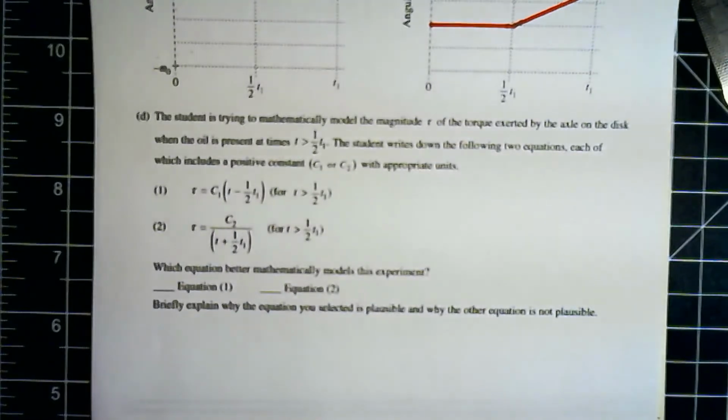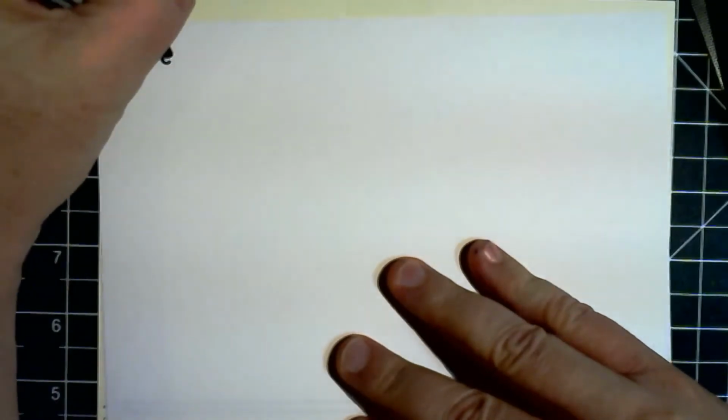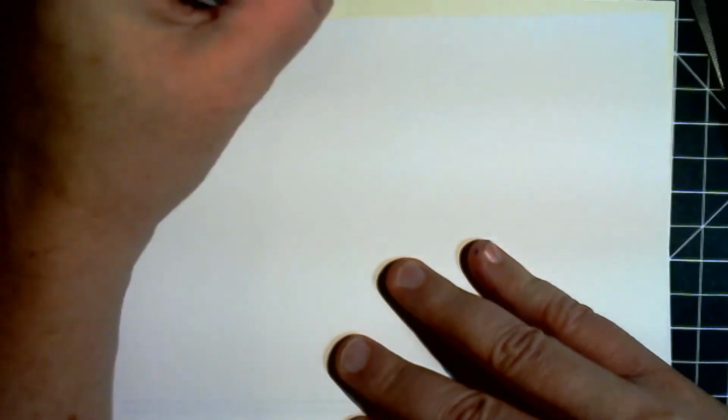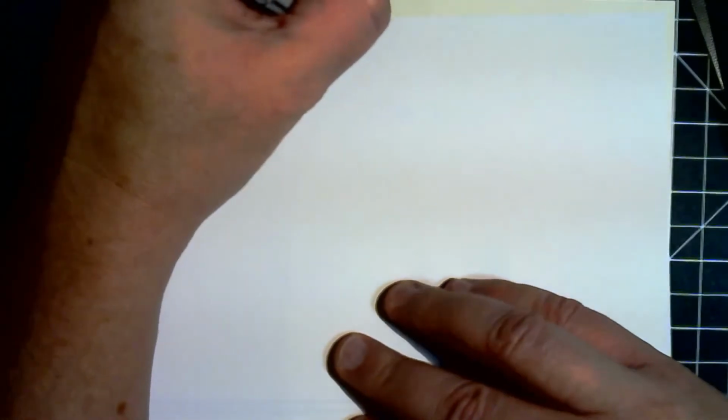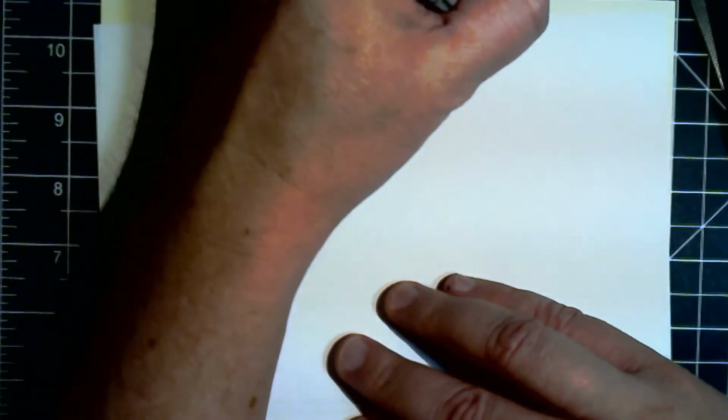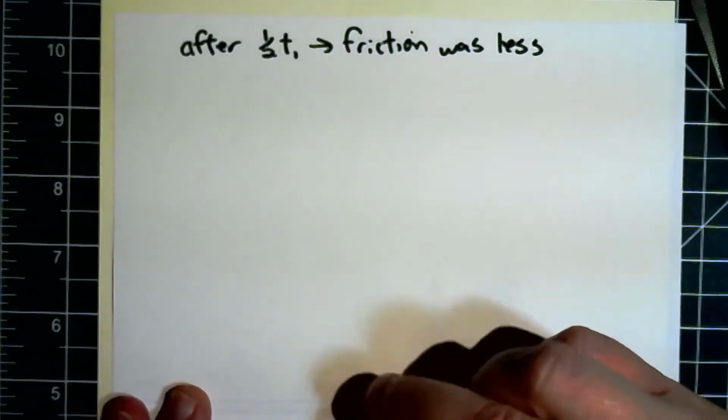Well, what you need to think of is, as time progressed, the friction made the torque less, right? And so that's kind of what you need to think of. After 1/2 of T1, the friction was less. That's a fact.